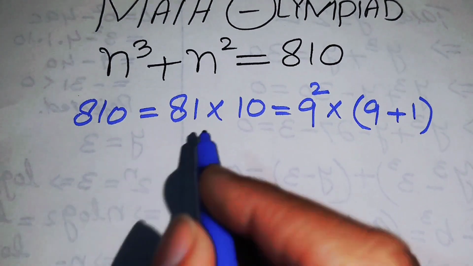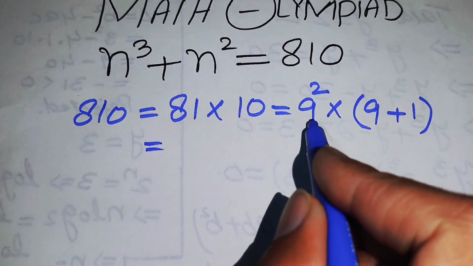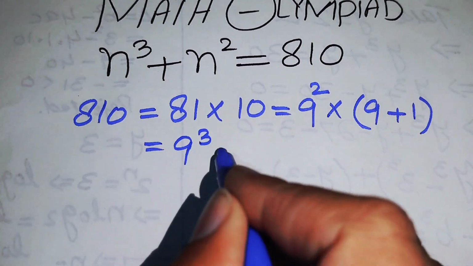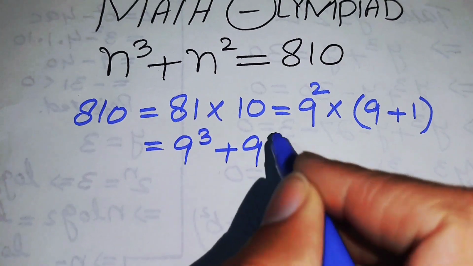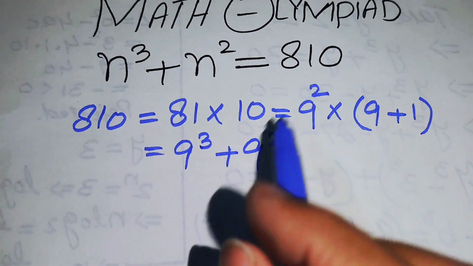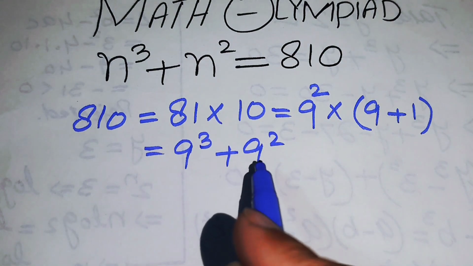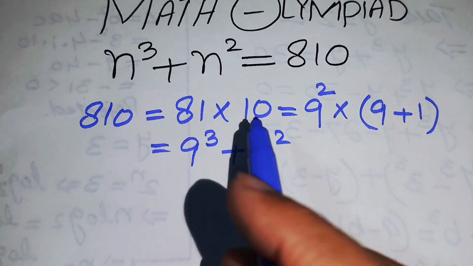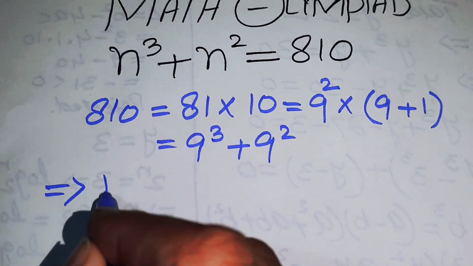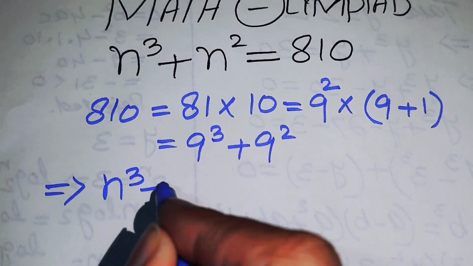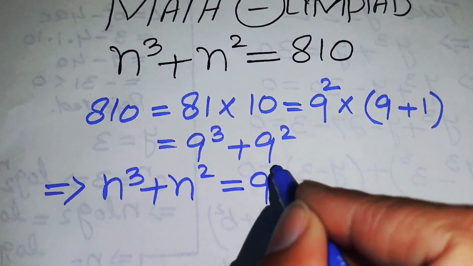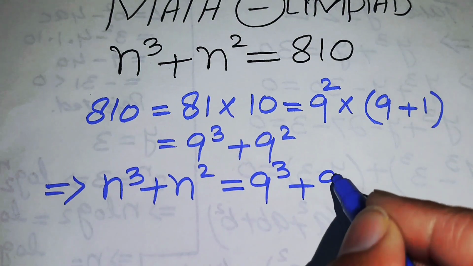After that we multiply this 9 squared on both of the terms, and you get 9 cubed plus 9 squared. So now we replace this 810 by 9 cubed plus 9 squared. So now our given equation becomes n cubed plus n squared equals 9 cubed plus 9 squared.